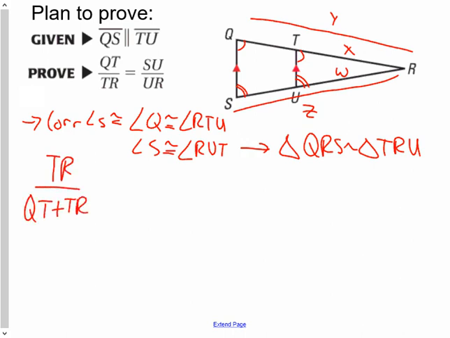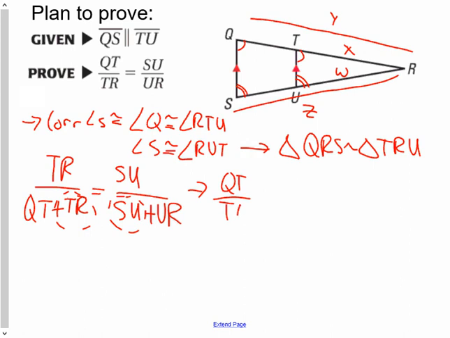If you segment addition postulate equals SU over SU plus UR. And there's a way where you can basically simplify these to get QT over TR equals SU over UR. I'm not going to show that simplifying process, but you can do that.